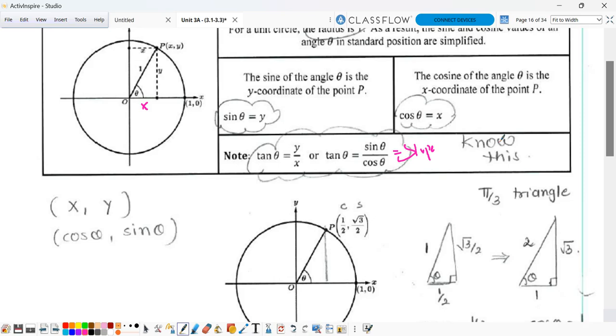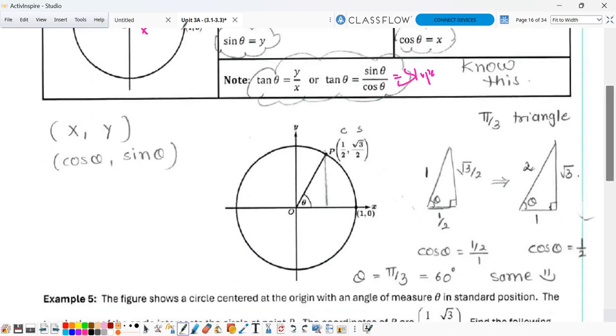as the slope. Remember, we defined tangent as a slope, which is a rise over run. So unit circle made everything so much easier, because now we can say that the x coordinate represents cosine theta value and y coordinate represents sine theta value. So for example, this is a pi over 3 triangle. Why do I know it is pi over 3? Because I can say that the cosine value is 1/2, sine value is root 3 over 2.